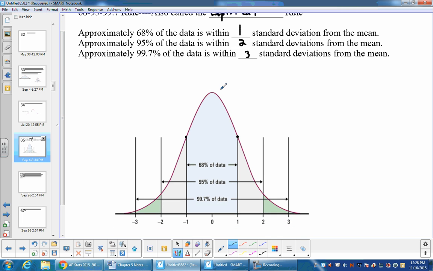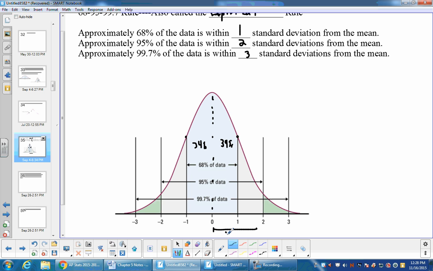the mean. So if I drew a line straight down the middle here, we know that 68% of the data is within 1 standard deviation above and below the mean. So that means about 34% is on each side of that. And if we know 2 standard deviations, it's 95 from here to here.